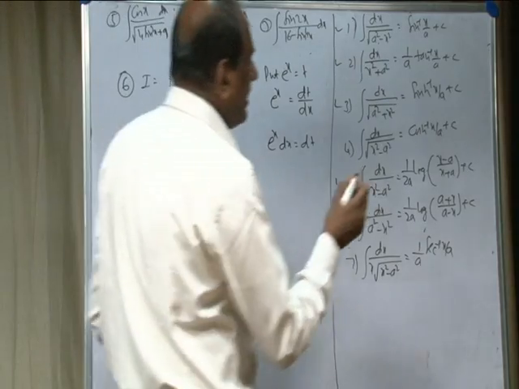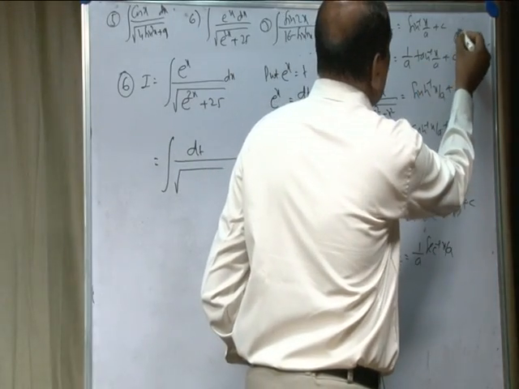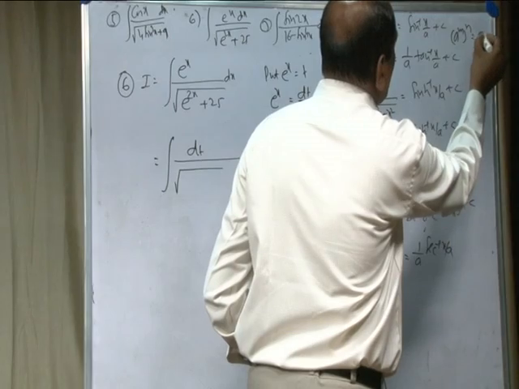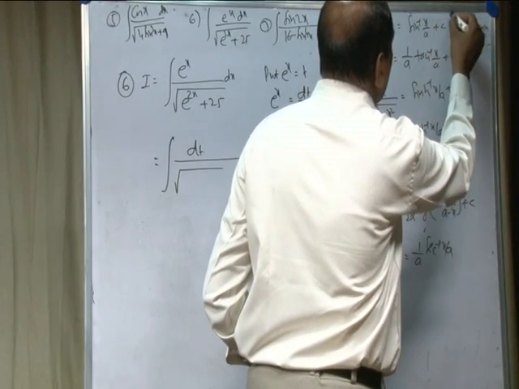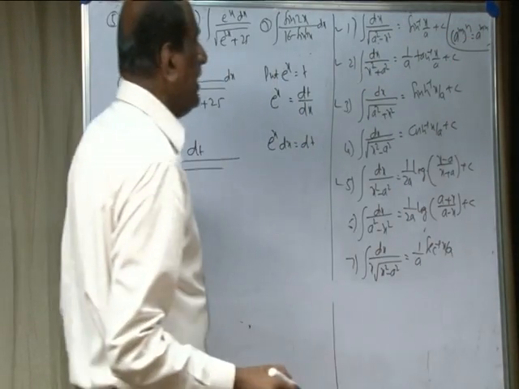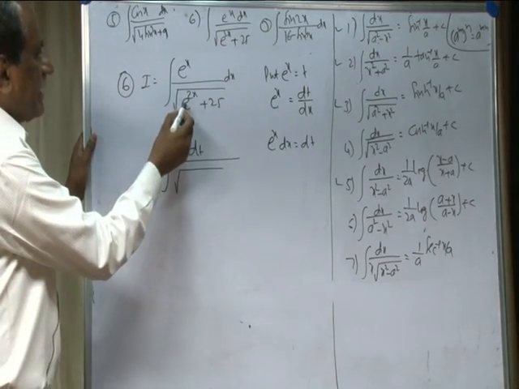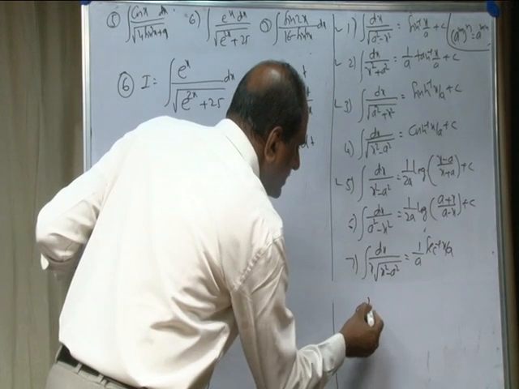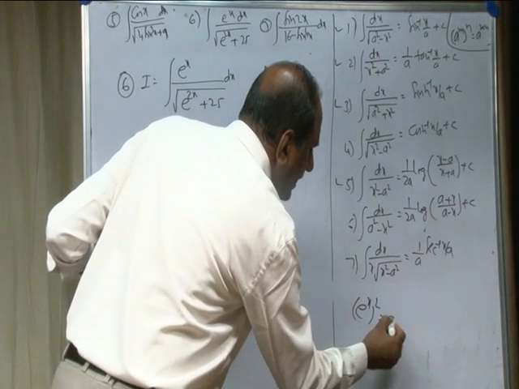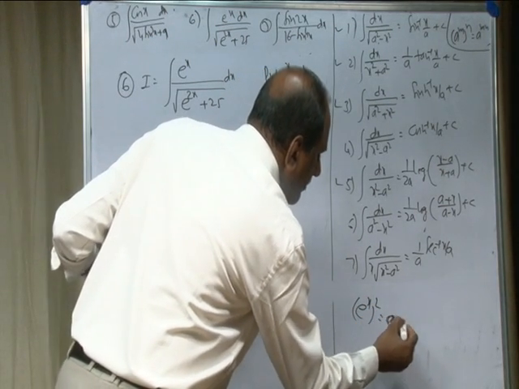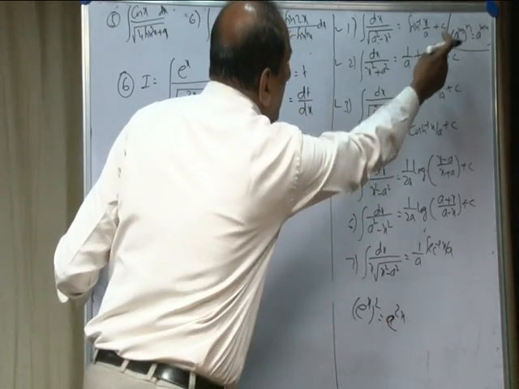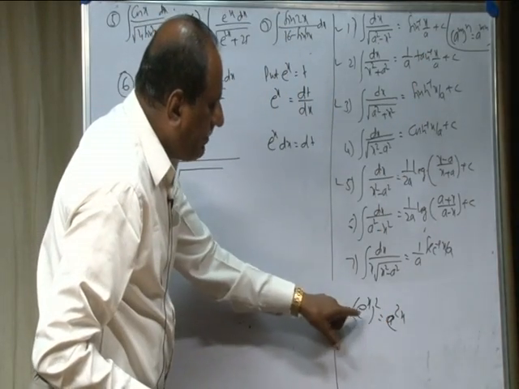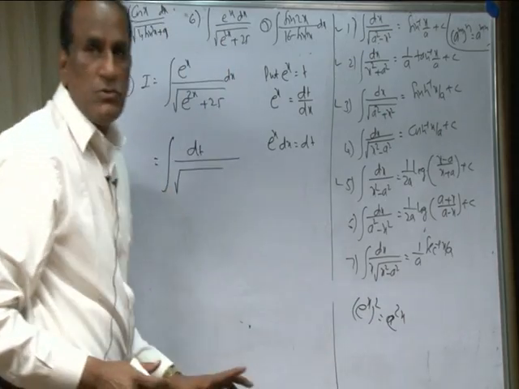There is a formula in high school, a power m whole power n is equal to a to the power of mn, the index formula. According to this index formula, e power x whole square is nothing but e power 2x, a power mn, 2 into x is 2x.